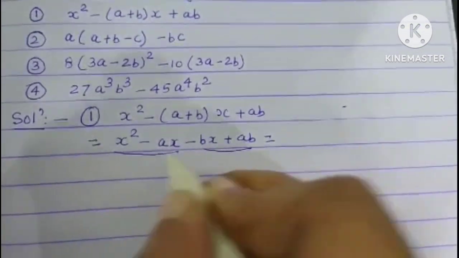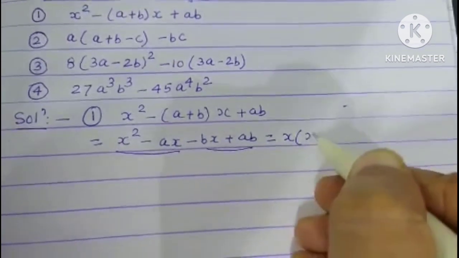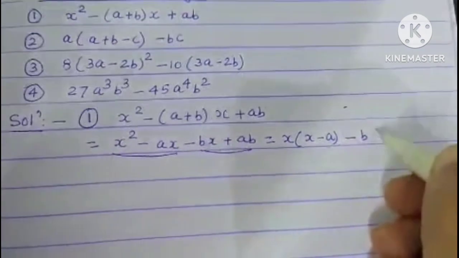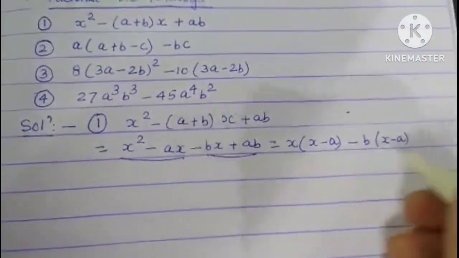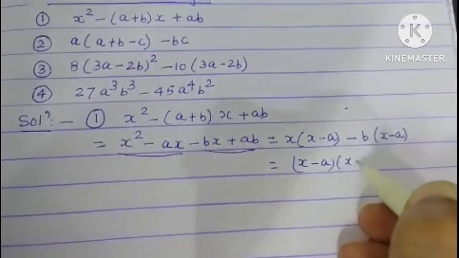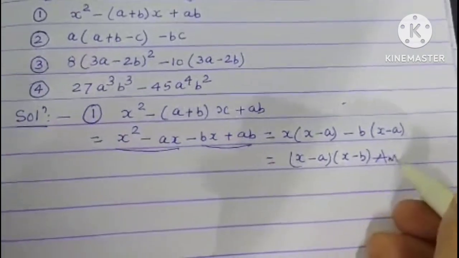From these two we will have x as common, so x(x − a), and here −b common, and again (x − a).